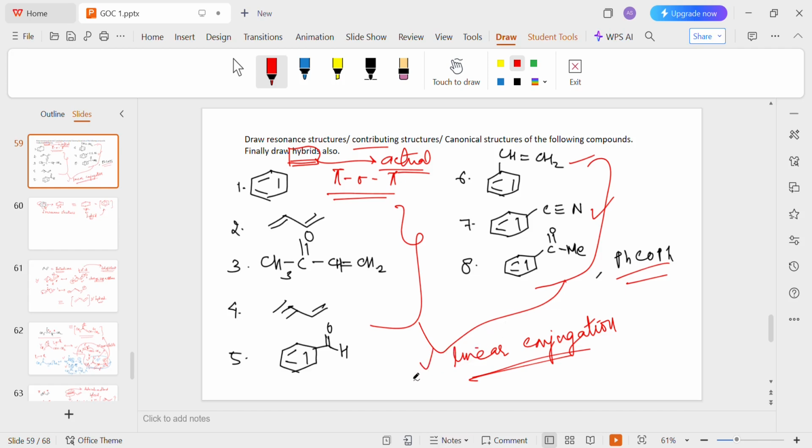This is really important for students preparing for JAM, you have to know the difference between linear conjugation and cross conjugation. The JEE people can also remember it.